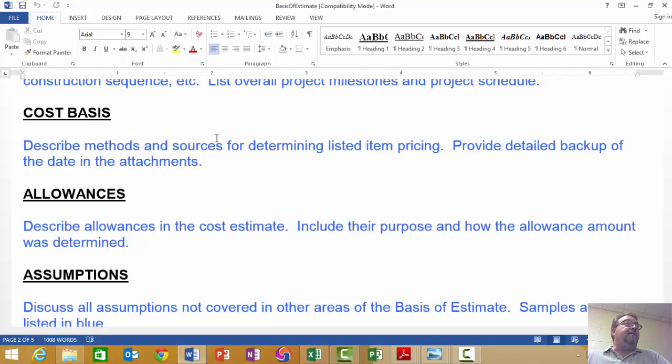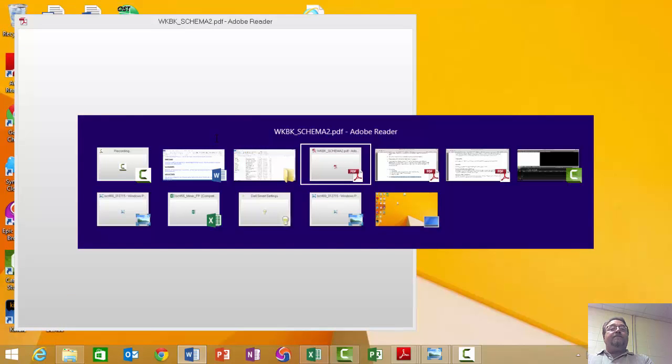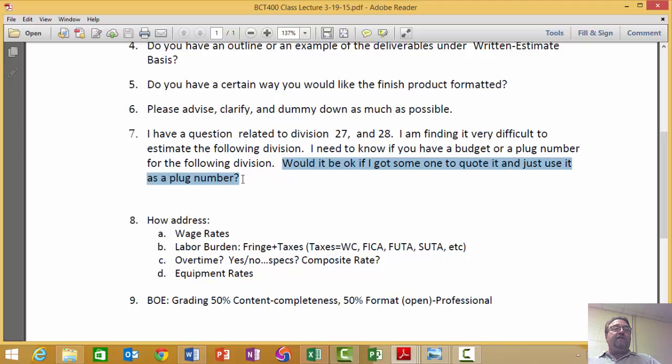If you use plug numbers, say RS Means. One of the questions tonight has to do with this exactly. Is it okay if we get a quote and use it as a plug number? Yeah, just cite the source. Absolutely.